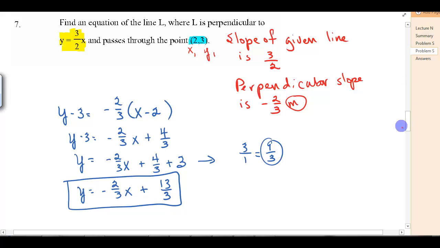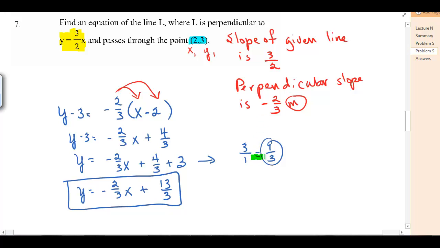This one, I don't think I have the directions printed there, but I believe that is in slope-intercept form as well. Y minus 3 equals, now we need to distribute, so we have negative 2/3 x plus 4/3. Negative times negative gave us 4/3. So we need to add this 3 to the other side, and then I showed you that the 3 is equal to 9/3. 3 over 1 is equal to 9 over 3.